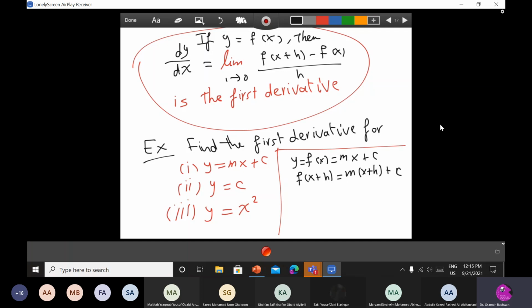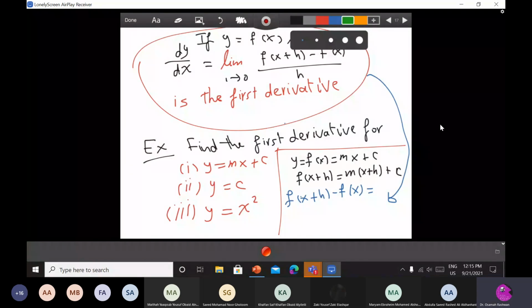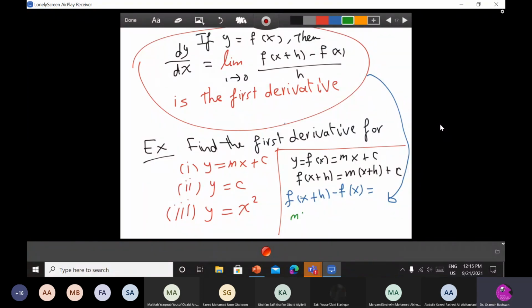Now, following the definition, I have to subtract: f of x plus h minus f of x equals what? I have mx plus mh minus mx, and I cancel this one with this one. So what's left? mh, right?